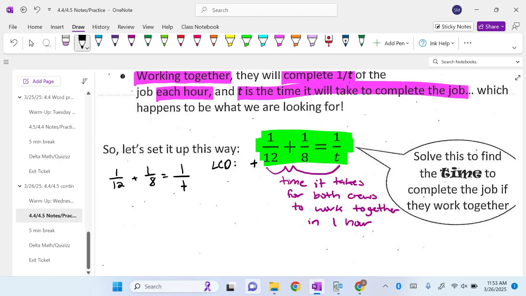So does 12 divided by 8 give you a nice whole number? No. Does 8 divided by 12 give you a nice whole number? No. So they're not multiples of each other, so we need to find a number that both numbers can multiply to. So think about it this way. What's a number that's in common with 12 and 8, that if I multiplied another number to, doesn't have to be the same number, but I can multiply any other number to, and it would give me that number.